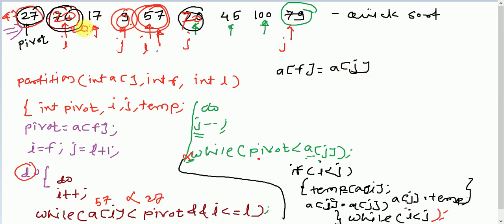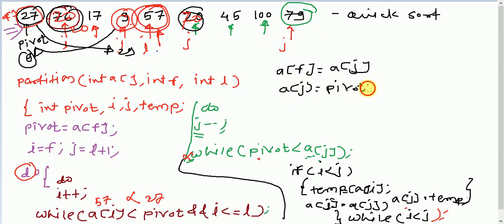That means we will take 9 at the place of 27, and we are taking 27 at the place of 9. 27 is the pivot element, so at A of j's place I am taking the pivot element. And after that we are returning that j position to our quick sort function which I have just written here.